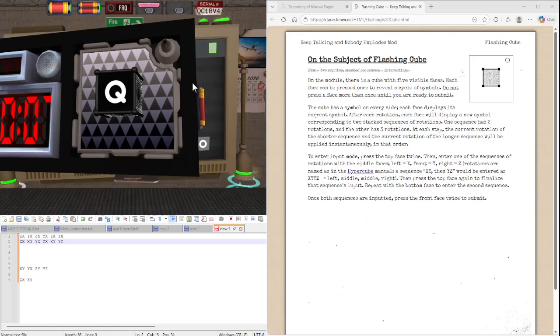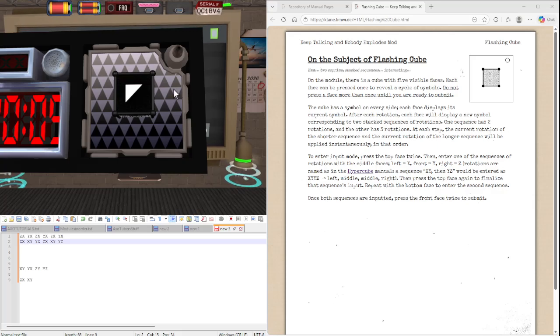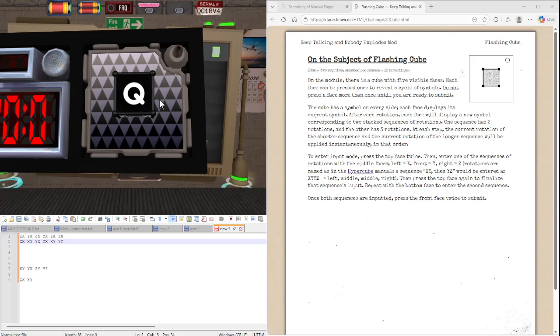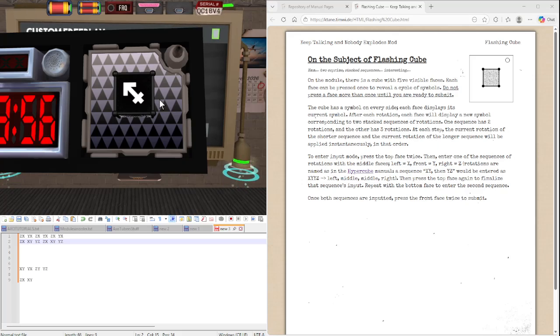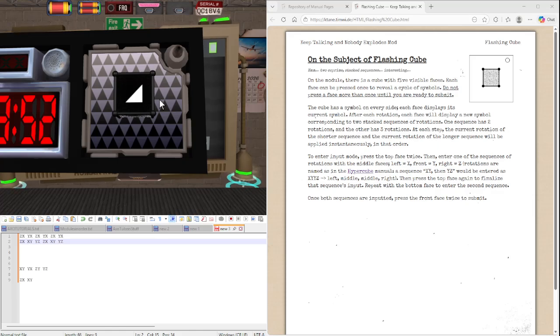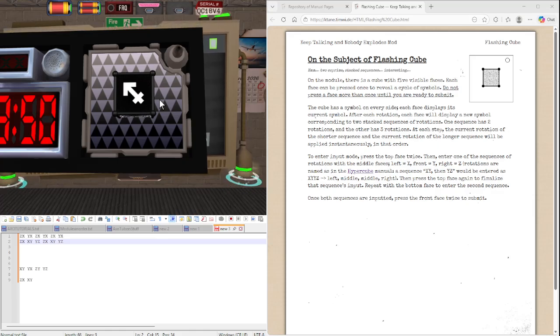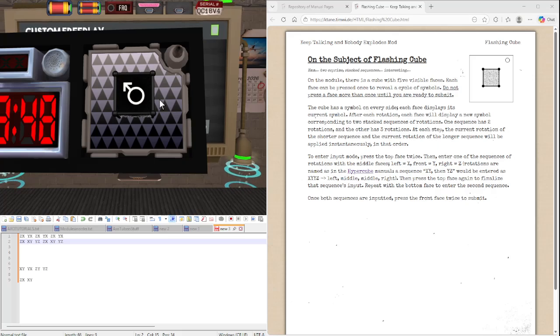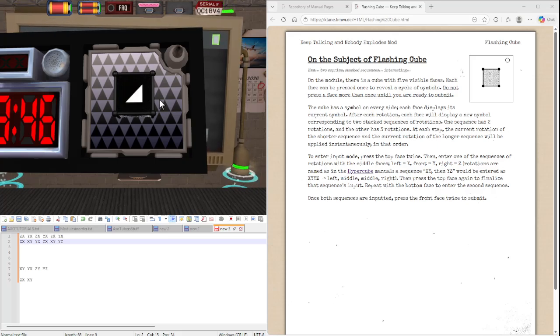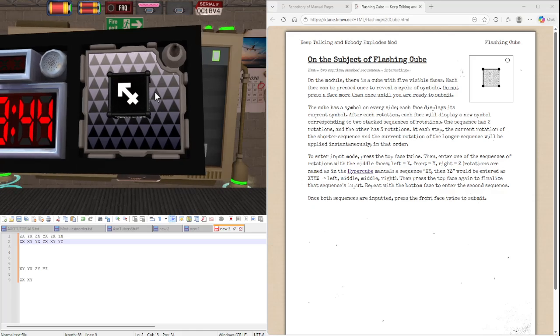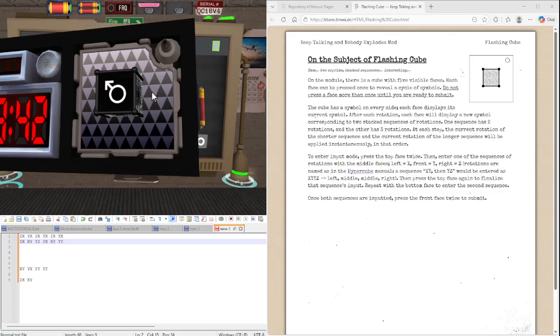Maybe check the rest. So one after. So the one after that arrow should be ZX.